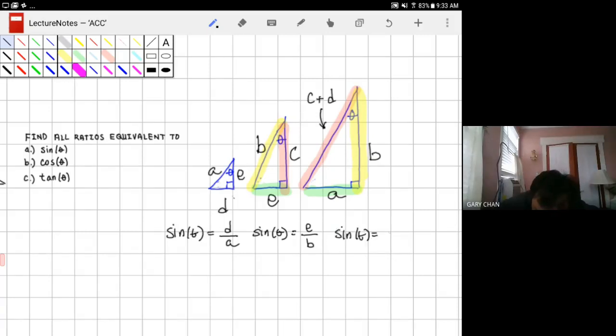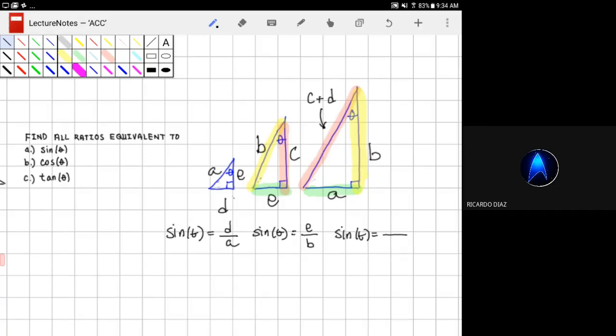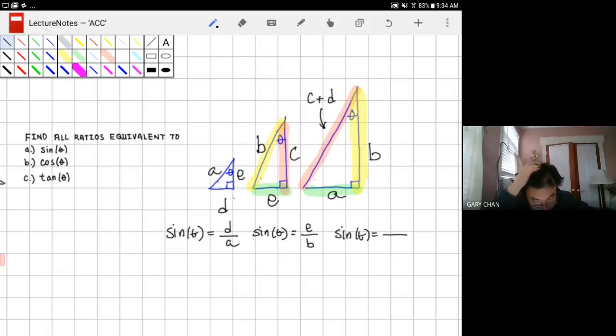Ricardo, can you do us the honors of figuring out what sine theta is for that last triangle there? Sine of theta. All right, so sine is opposite over hypotenuse, right? Yes.